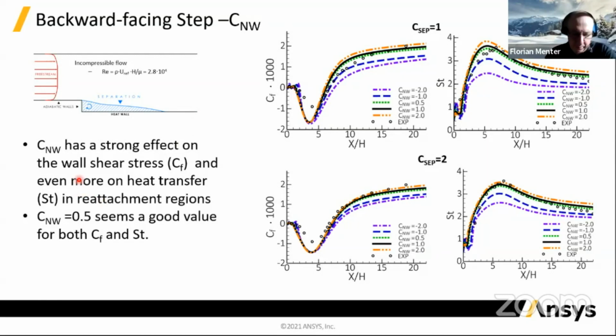You can see that here again for the backward-facing step.